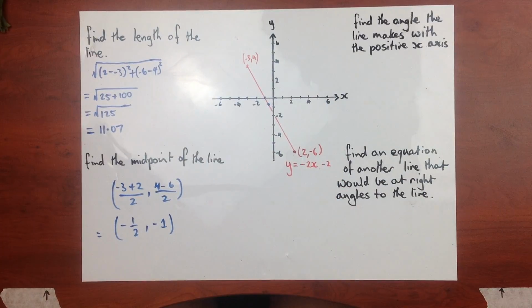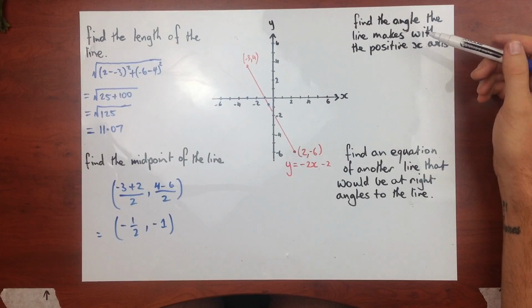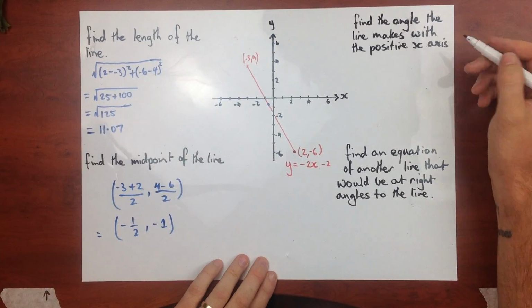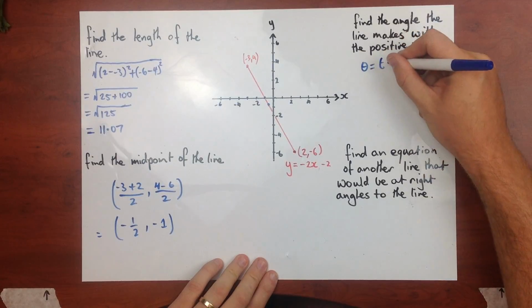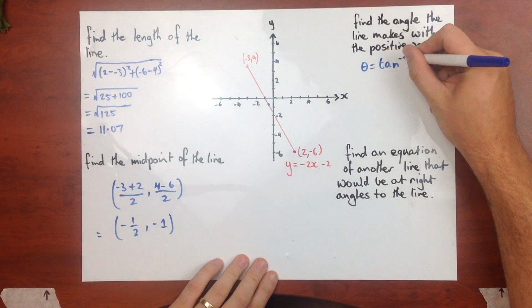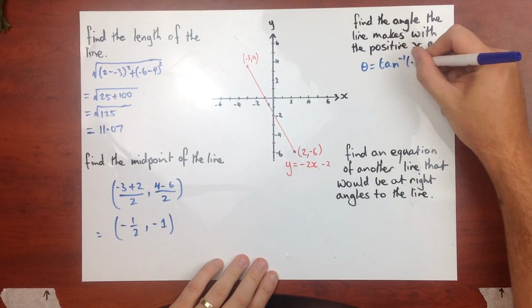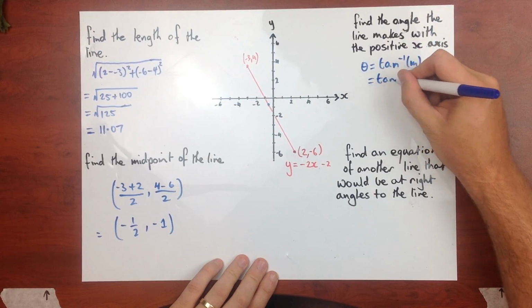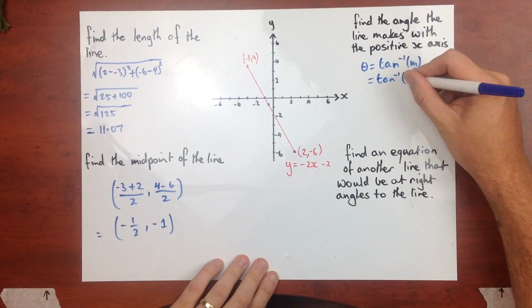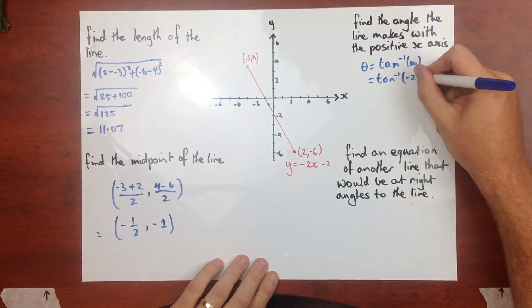Okay, now we also want to find the angle the line makes with the positive x-axis. Okay, so remember our angle is going to equal inverse tan of our gradient. That's going to be inverse tan of minus 2.